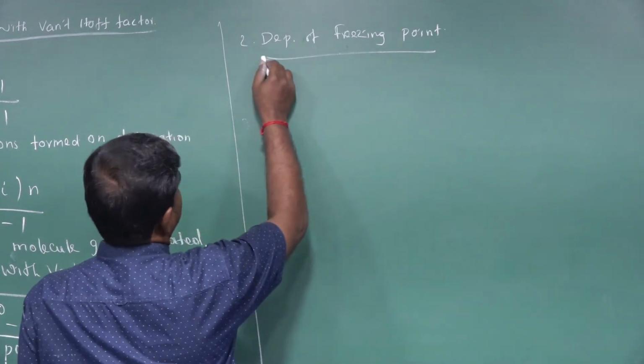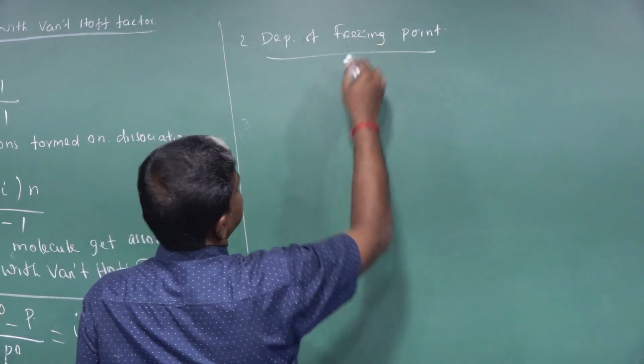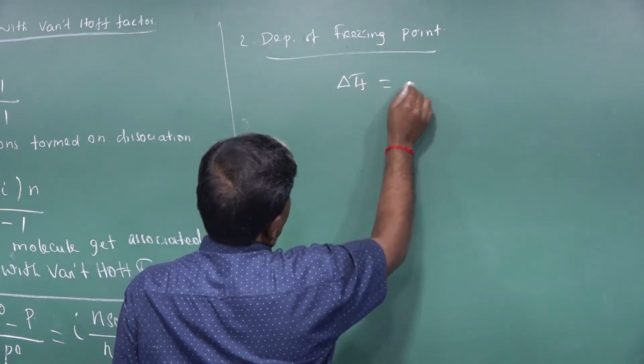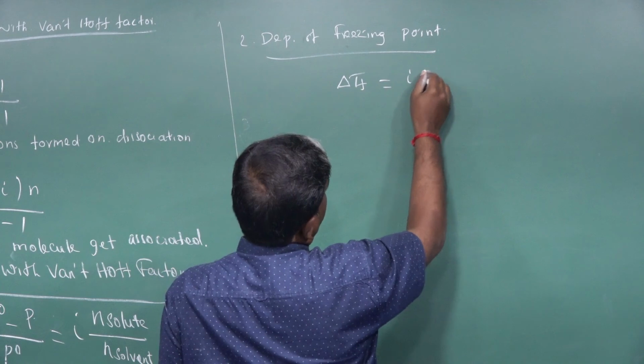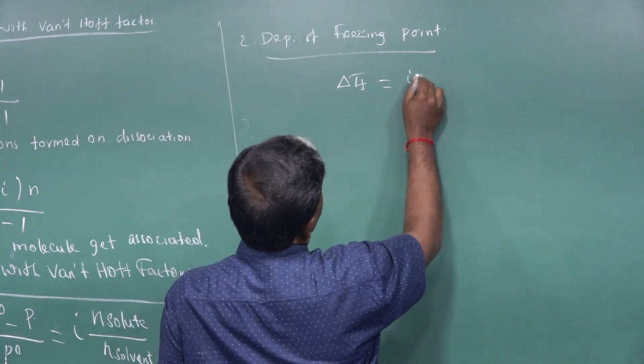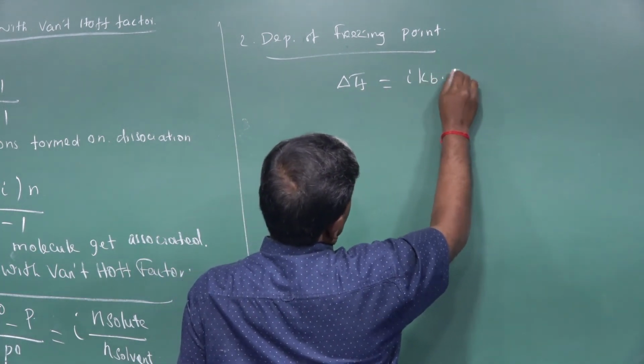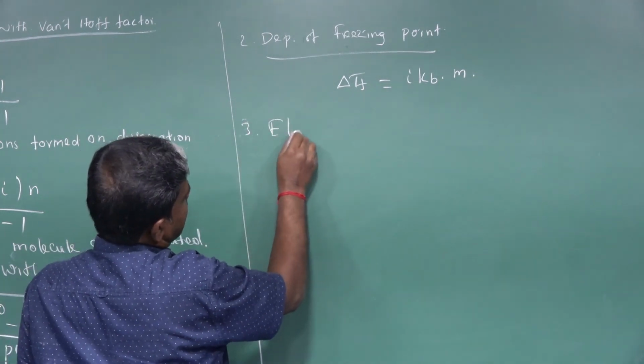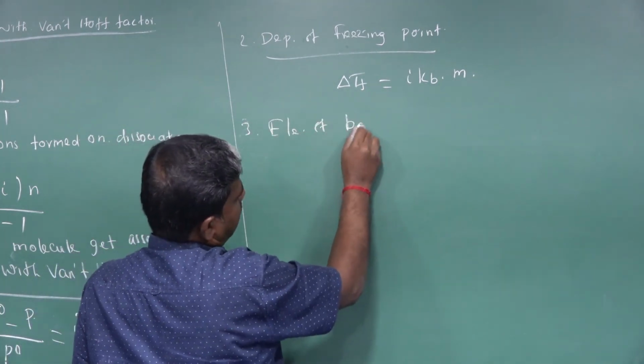The second colligative property, depression of freezing point, delta TF, is equal to the Van't Hoff factor times KF times molality.